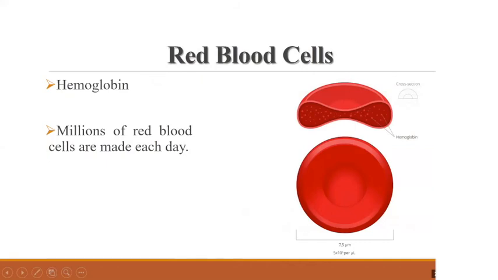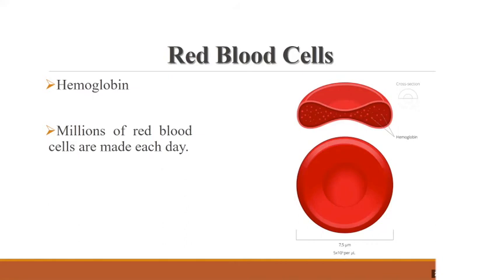And then there's a third type of blood cell called red blood cells. Red blood cells contain hemoglobin. Hemoglobin is a chemical which makes the red blood cells stick to oxygen. Why? Well, because they need to carry oxygen. Their concave surface makes them best for carrying oxygen.